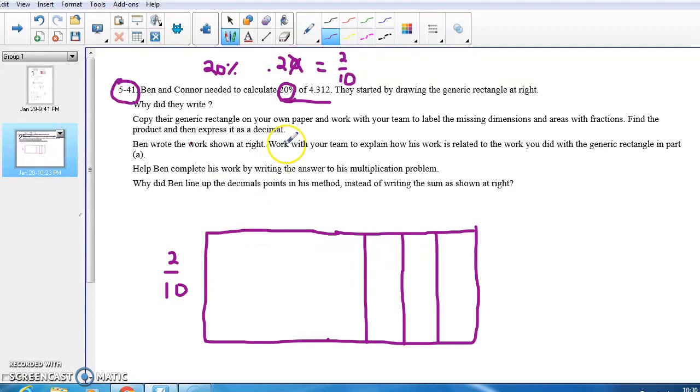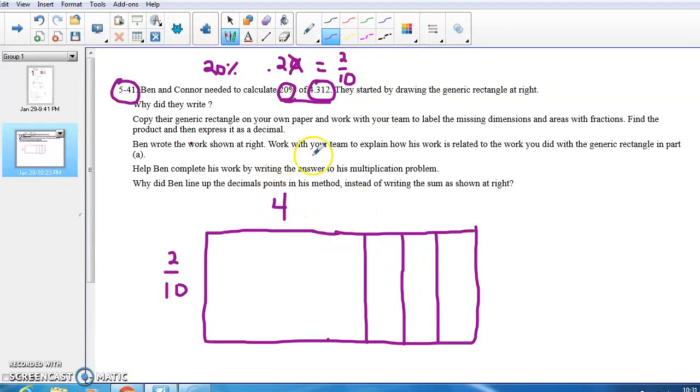Okay? The next thing we need to do, it says copy their generic rectangle on your own paper and work with your team, that's me, and label the missing dimensions and areas with the fractions. Find the product and then express your answer as a decimal. Okay, so we're doing a lot of things here. The next thing we have to do is represent this number right here. Well, 4 is a whole number, so I'm going to write it as a whole number.